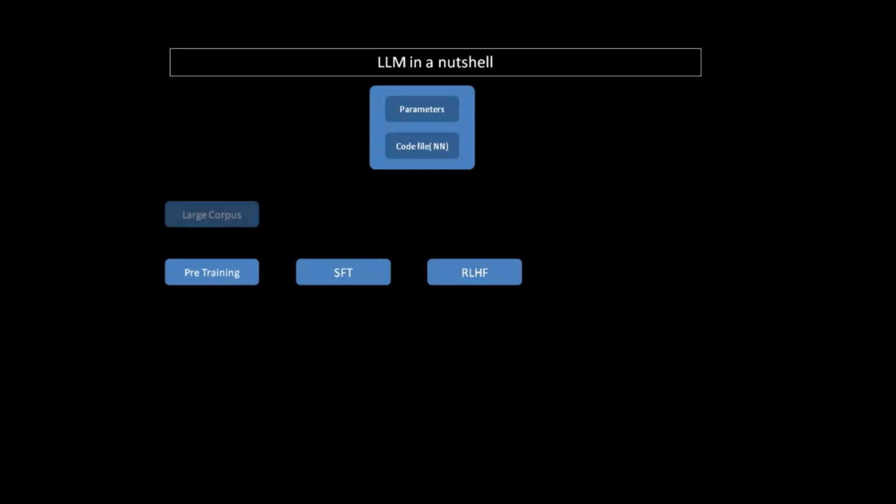In the pre-training process, a large corpus of documents is used. This typically involves crawling data from the internet, say tens of terabytes of data, and this corpus of data is fed into the neural network. This training is a very long and resource consuming process.